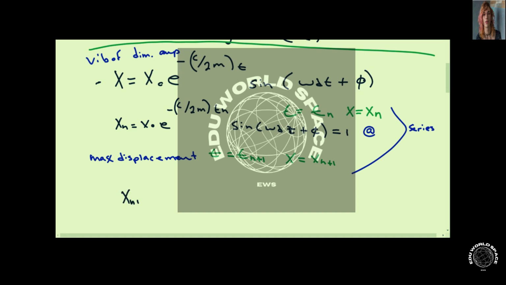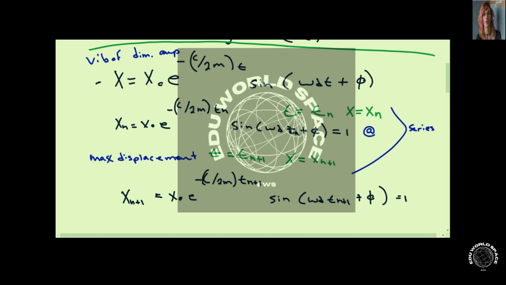So xn plus 1 equals x naught e to the minus c divided by 2m times tn plus 1, and from that we have sine wd tn plus 1 plus phi.